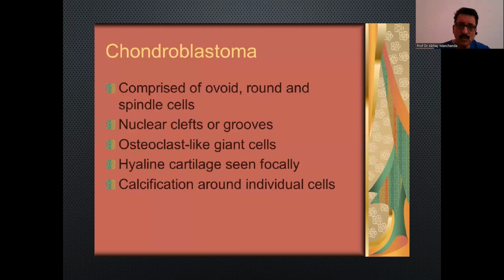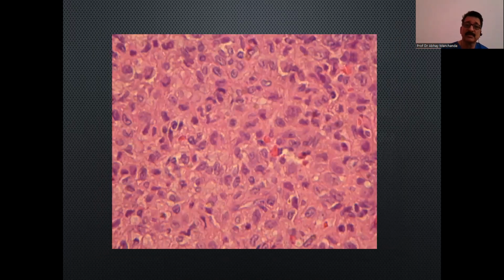It's comprised of ovoid, round, and spindle cells. Nuclear clefts or grooves can be seen. Osteoclast-like giant cells can be present, hence it is confused with GCT. At some areas, you can also find hyaline cartilage. Calcification around individual cells is very common.